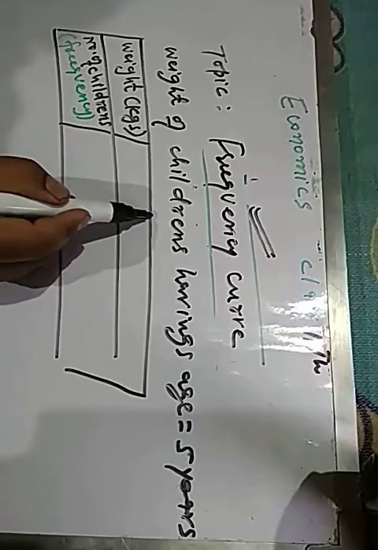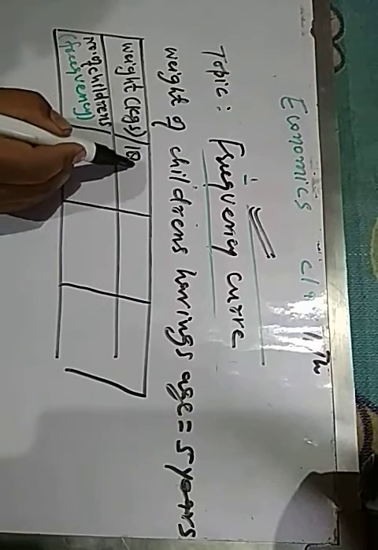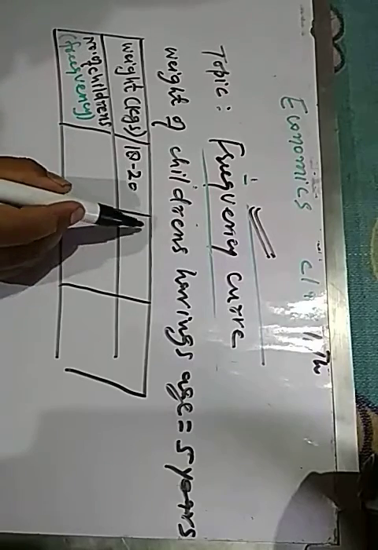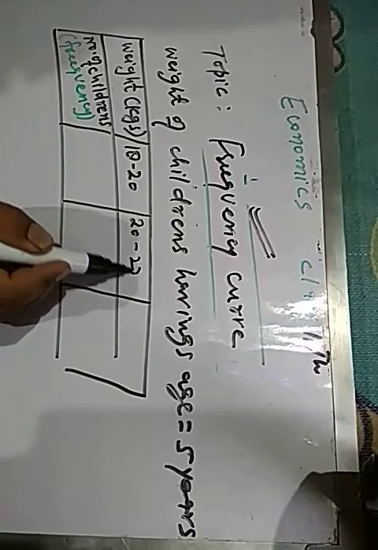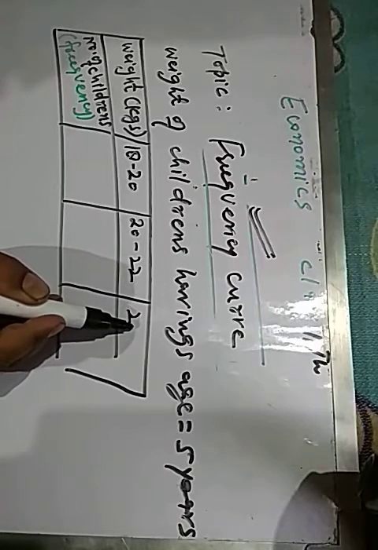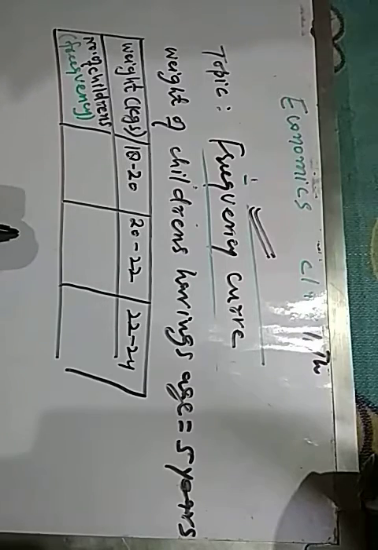And we have different weight groups, different class intervals showing different weights of children. The first class interval or first weight group, let us suppose it is 18 to 20 kgs. Second is 20 to 22 kgs, and last one is 22 to 24 kgs.